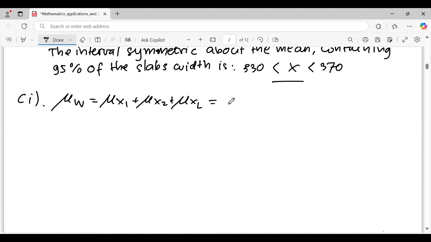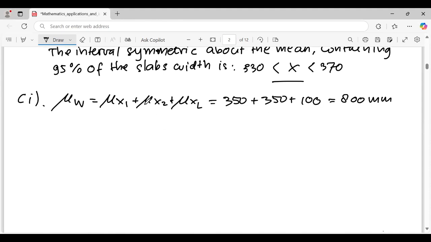Mean of x1 is 350 plus this one as well 350, and for this one it is 100. So it equals 800 millimeters.